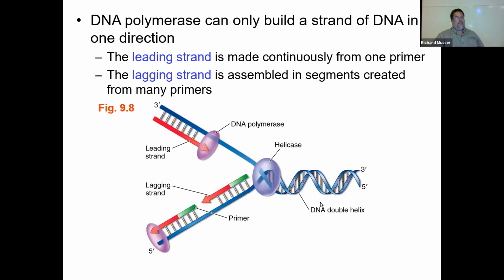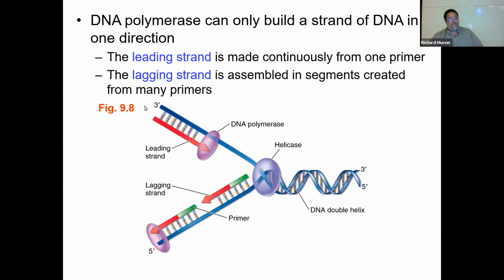So what do we see in this picture? Well, this is the original DNA. This is the double helix. And what is helicase doing at this moment? It's unwinding the double strand. You see that? It's unwinding. You have two shoelaces together, and then something's unwinding it, pulling it apart.